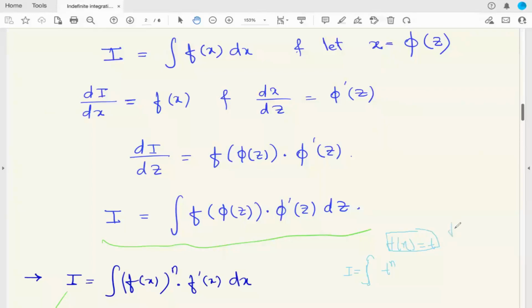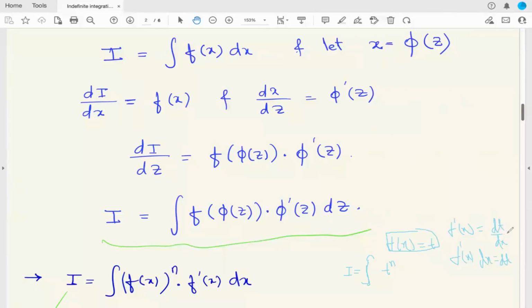So we get f dash x is equal to dt by dx. And now if we multiply both sides by dx, what I get is f dash x dx is equal to dt.